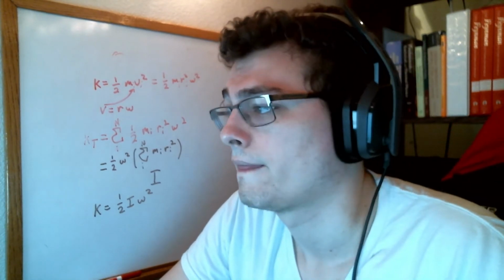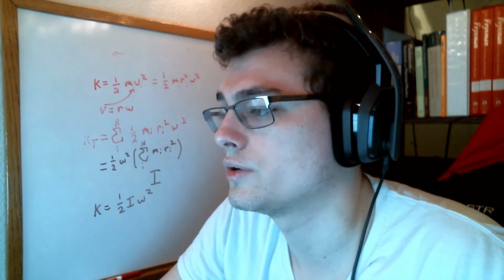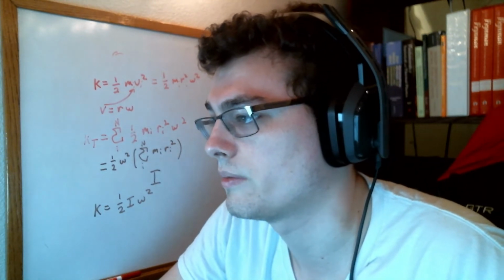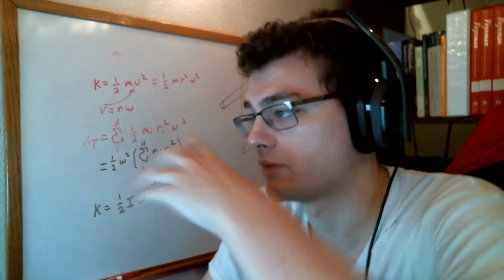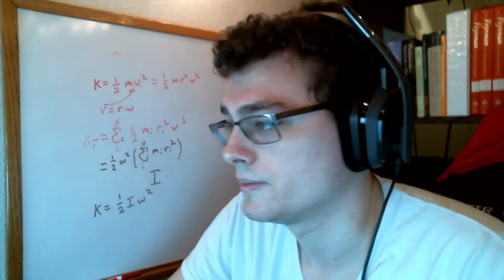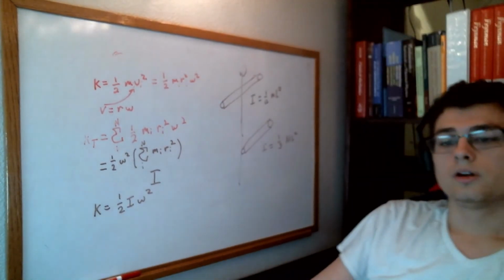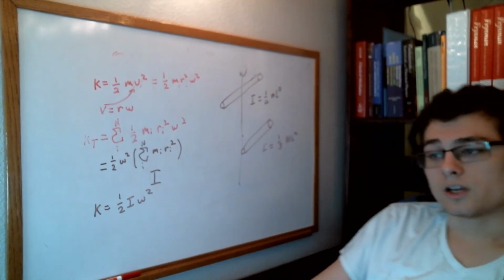And basically, the moment of inertia is a measure of how hard it is to make an object rotate. In terms of rotational motion, it's a measure of mass and how hard it is for this object to rotate around a certain point. So for a lower moment of inertia, it's going to be easier to rotate the object.